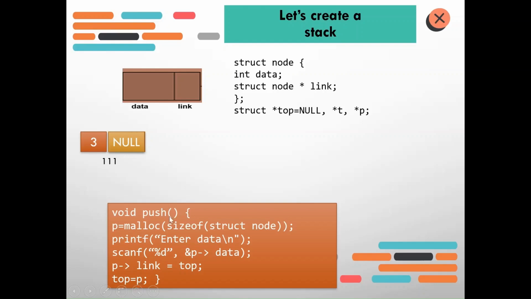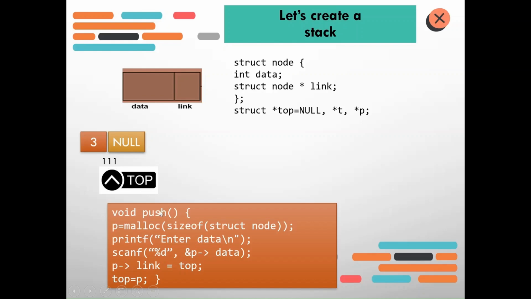Fair enough. Why? Because the first element, as you saw in case of array also, the first element was the topmost element because that was the only element in that array in that case. And here also, since we have only one element, that would be my top element, right? That I have shown using this pointer here also, that your top would be pointing to 111.